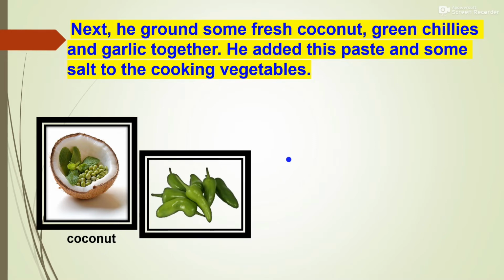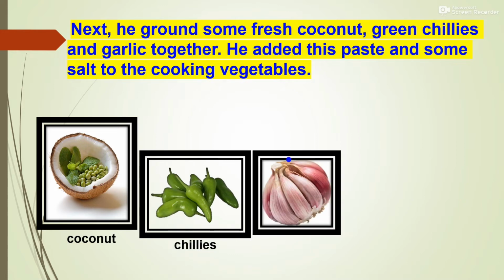He added this paste and some salt to the cooking vegetables. Salt and water, these are the two common ingredients in every item. Ingredient means the things which are used to make a dish, make an item. So coconut, green chili, garlic, these are the ingredients. For example, to make boiled rice, we need raw rice and water.